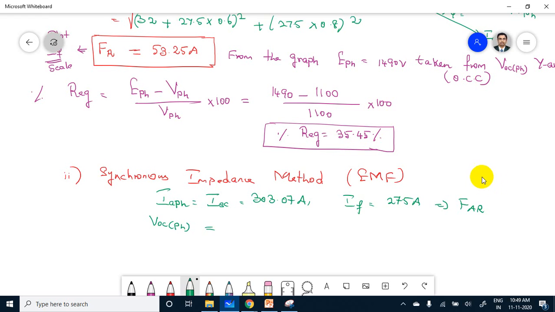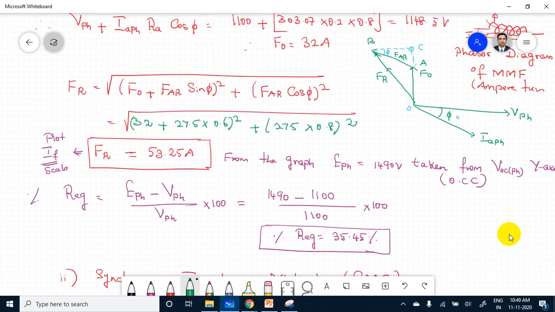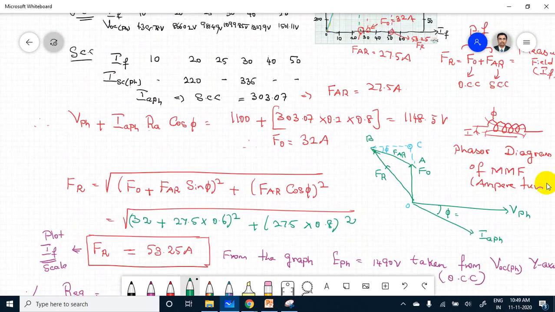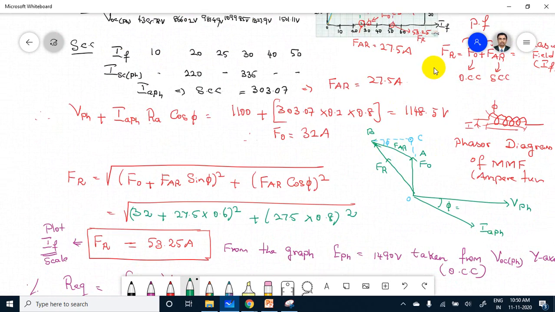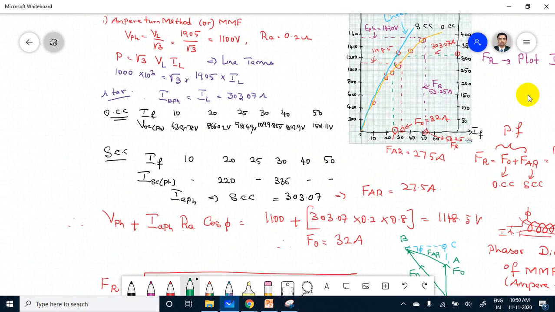IF is 27.5. Please go to your graph. How to calculate it? For 27.5, please capture the VOC. For 27.5, this is your VOC point.